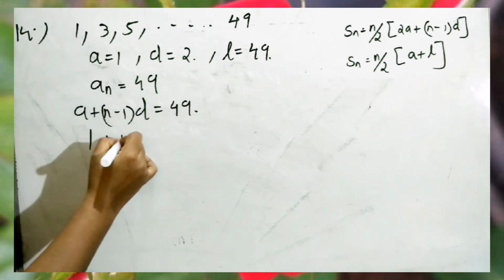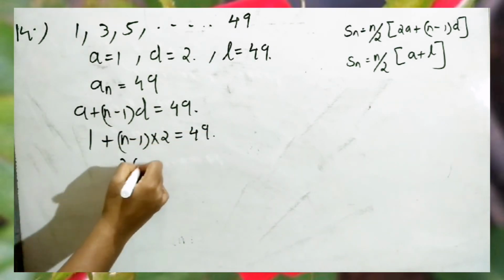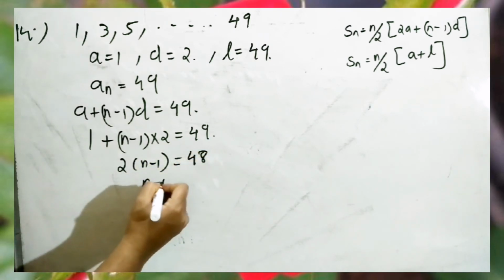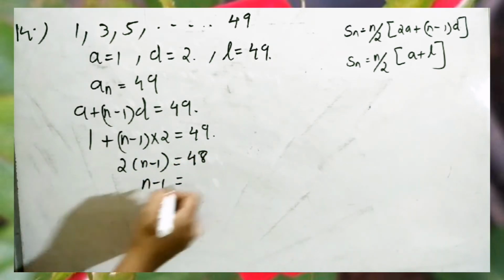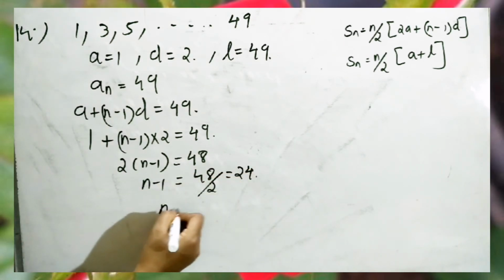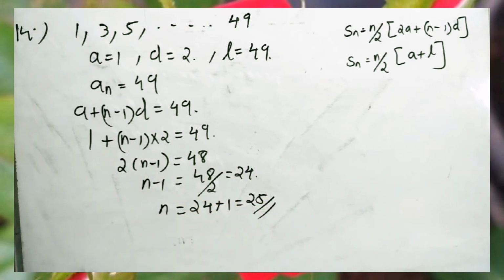A is 1 plus (n minus 1) into 2 is equal to 49. That is 2 into (n minus 1) is equal to 48. N minus 1 is equal to 48 by 2 is equal to 24. So n is equal to 24 plus 1 is equal to 25.